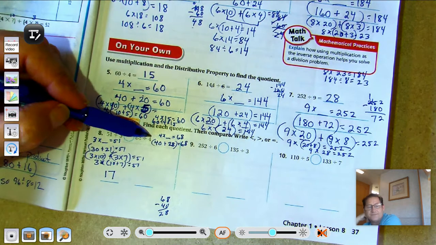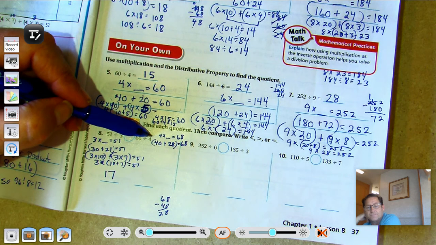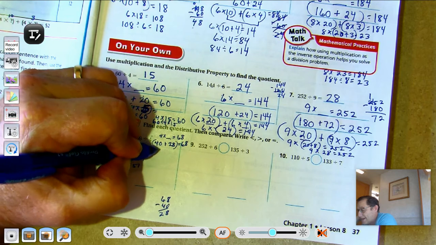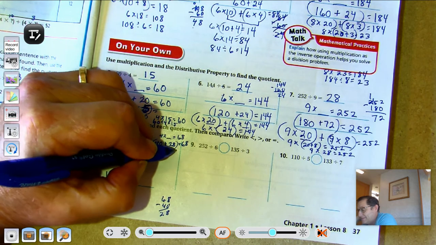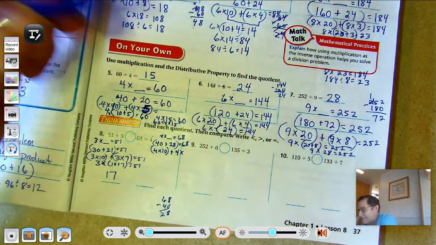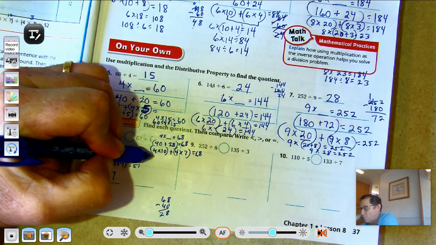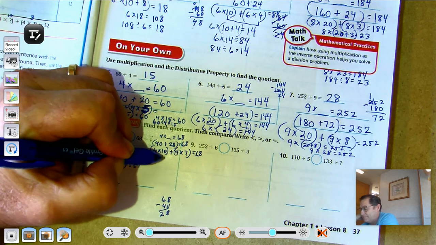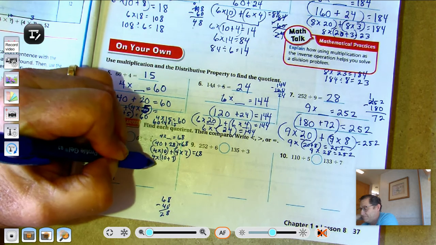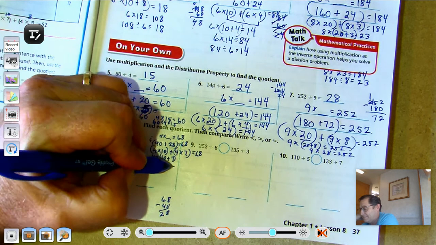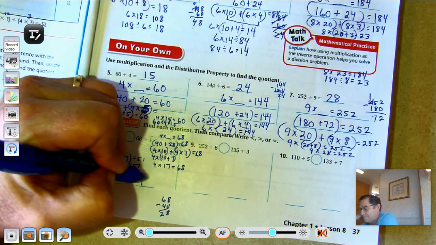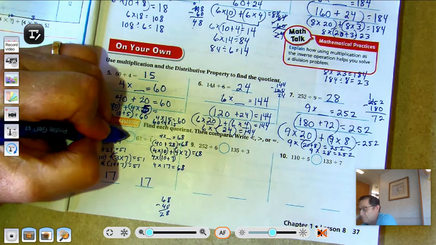Now those are easy multiples of 4. 4 times what is 40? 4 times 10. 4 times what is 28? 7. So 4 times 10 plus 7. 4 times 17. So they're equal.